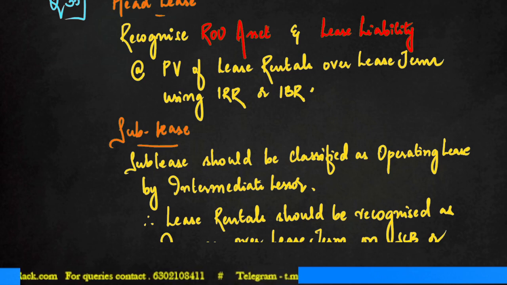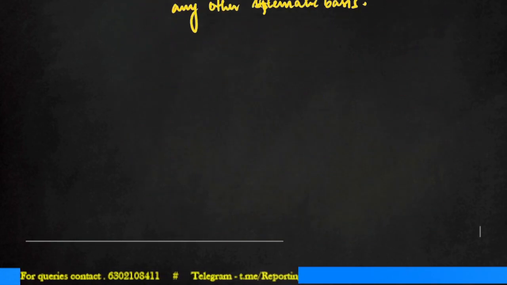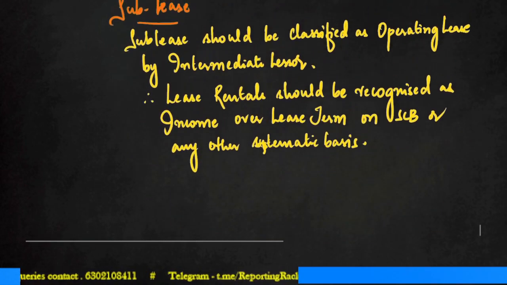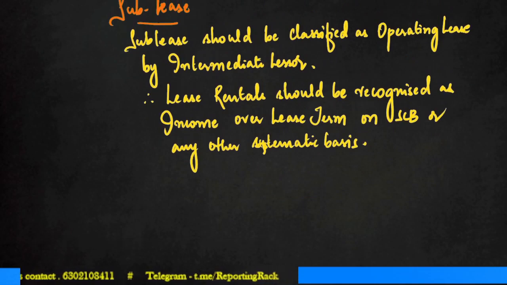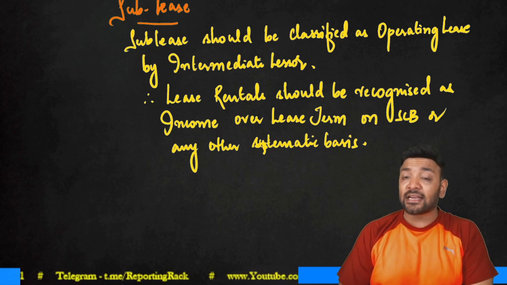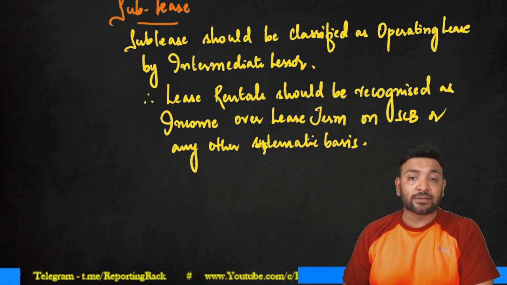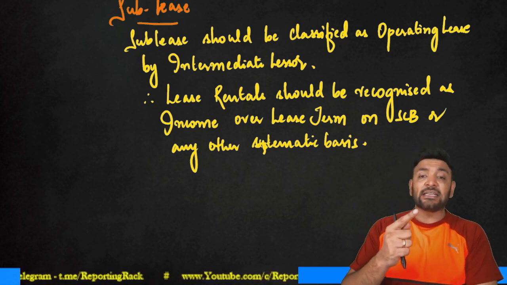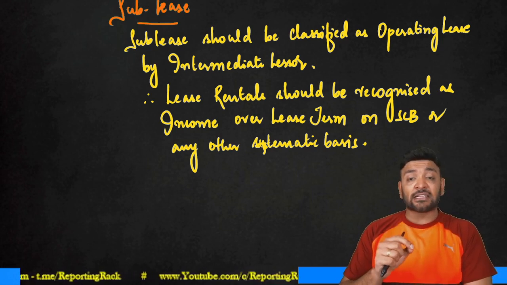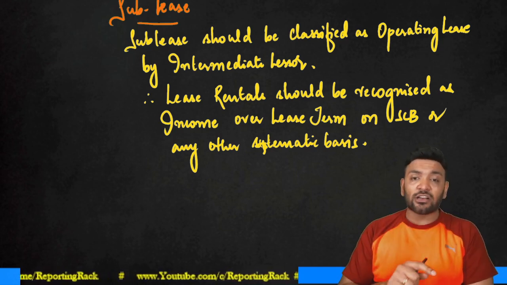In such cases, the lease rental should only be recognized as income on a straight line basis or any other systematic basis in the books of intermediate lessor. Guys, I first took up the concept of operating lease under sublease because it's a very easy concept. When the sublease is a finance lease, that will be your earlier question, question number 34.